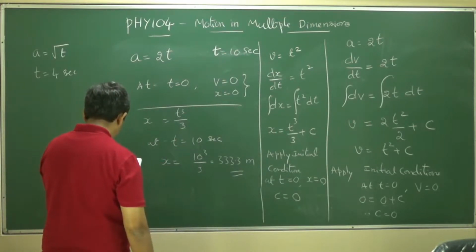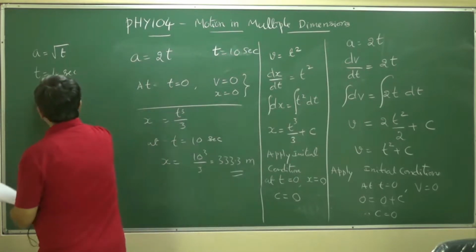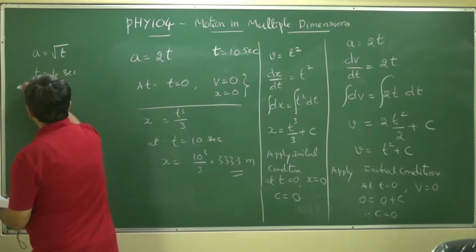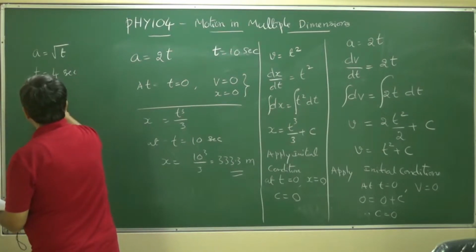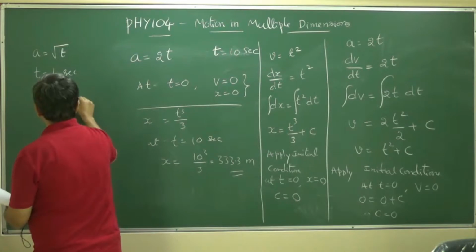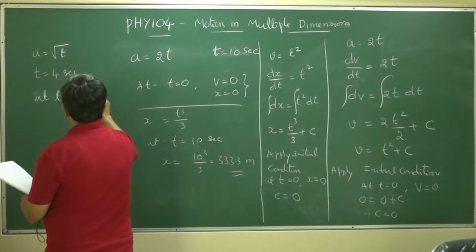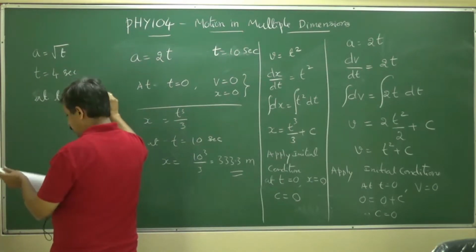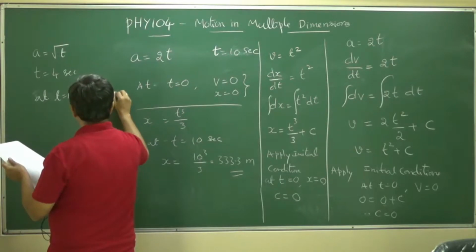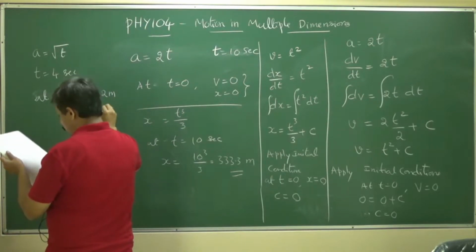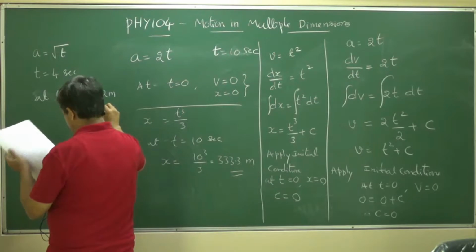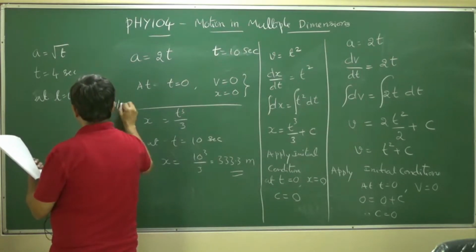Okay. So initial velocity, I'll say at t is equal to 0, x is equal to how much? 2, and v is equal to 10 meters per second.